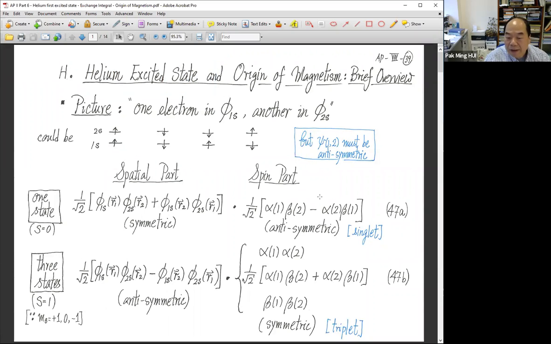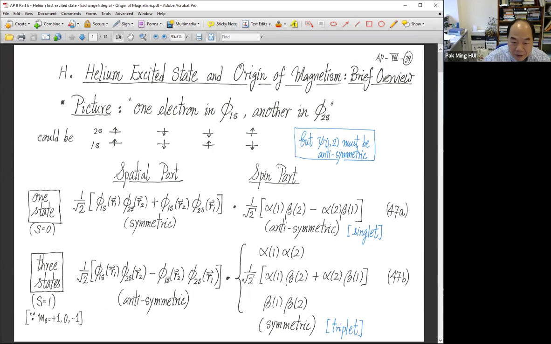So now let's see what is the picture that we have. Excited state means one electron in 1s, another electron in 2s. Okay, fine, reasonable. And then, how can we write down something that is legal? All right.